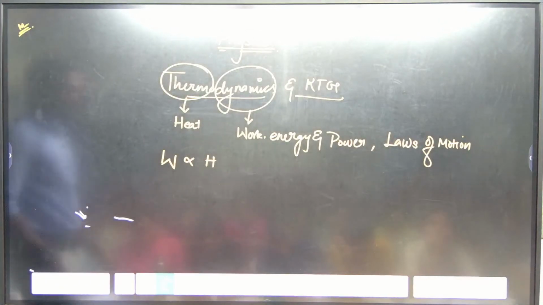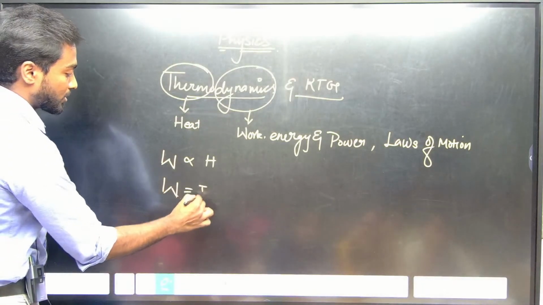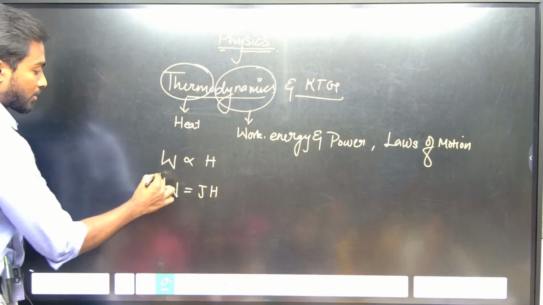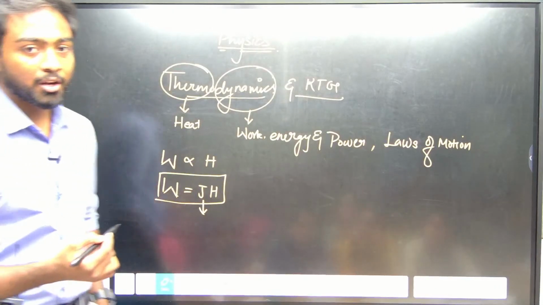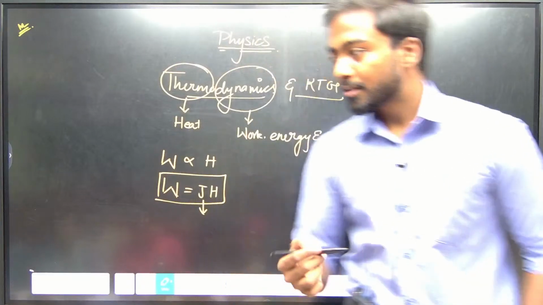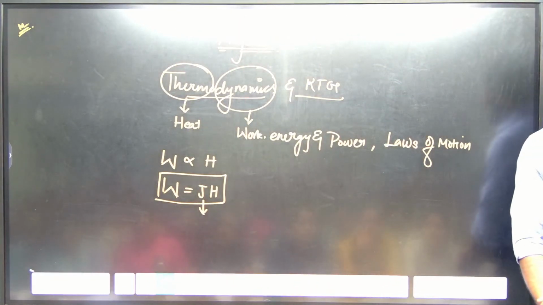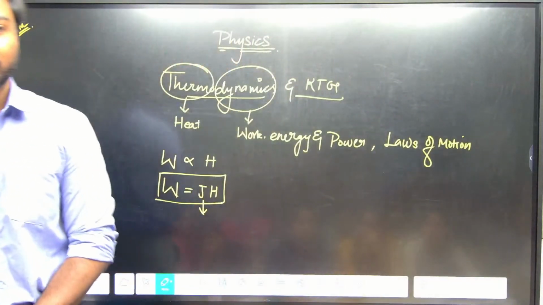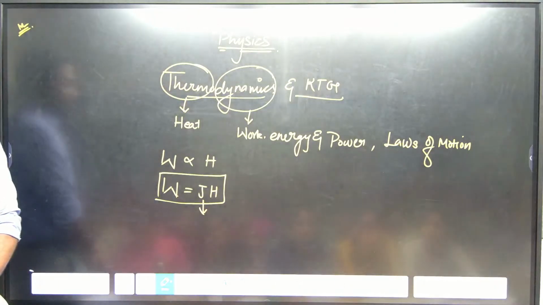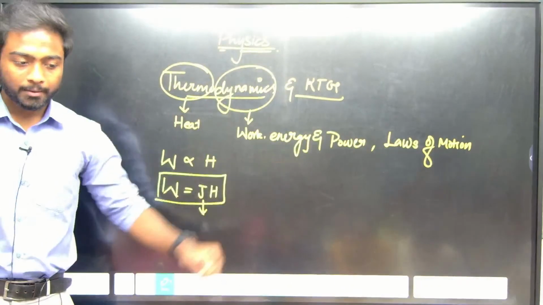So from this we can write W equals J into H, where J is the constant of proportionality. It is Joule's law. So work done is directly proportional to heat. In terms of law, it is Joule's law. Okay, write down the topic, first topic, you can copy down this one.